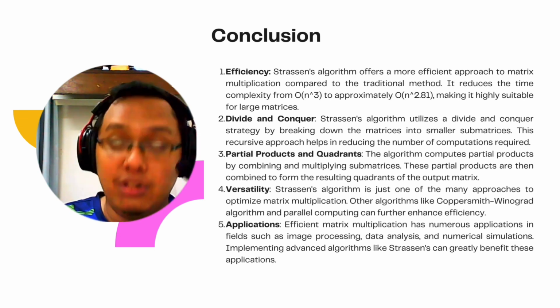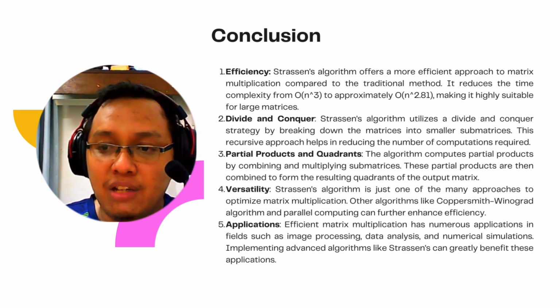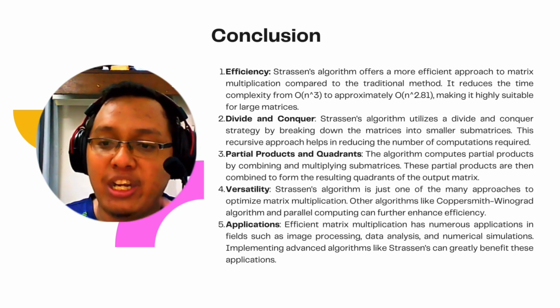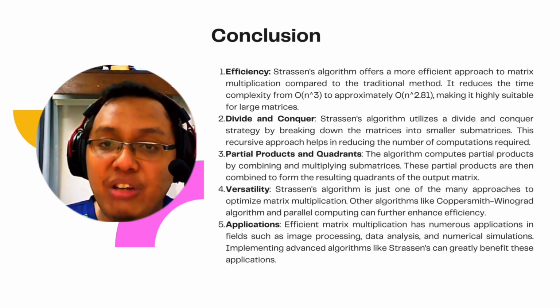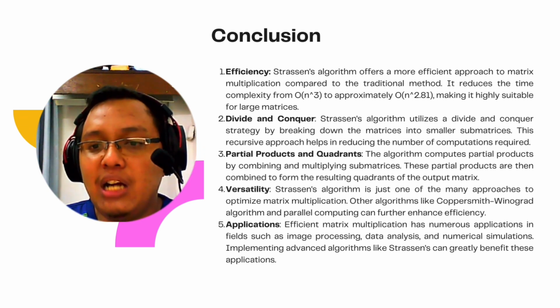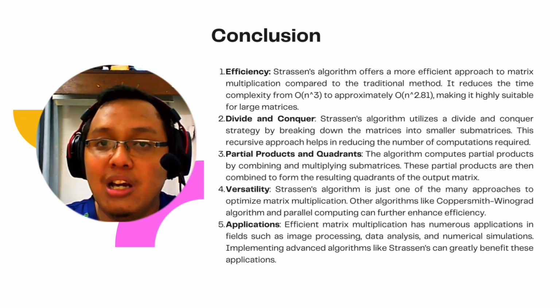The second point is divide and conquer. The Strassen algorithm utilizes a divide and conquer strategy by breaking down the matrices into smaller sub-matrices. This recursive approach helps in reducing the number of computations required.